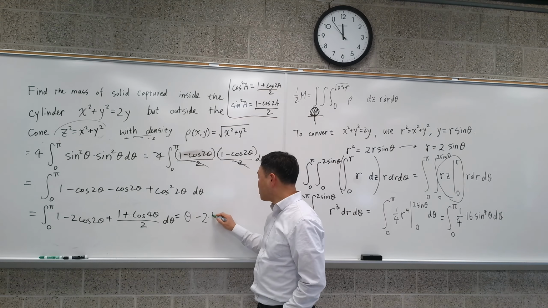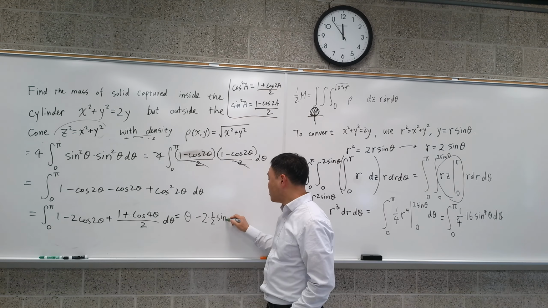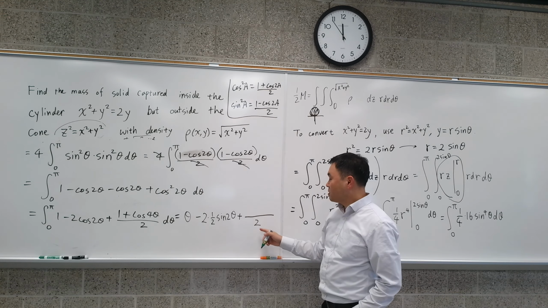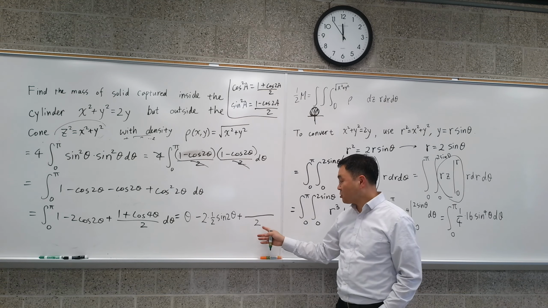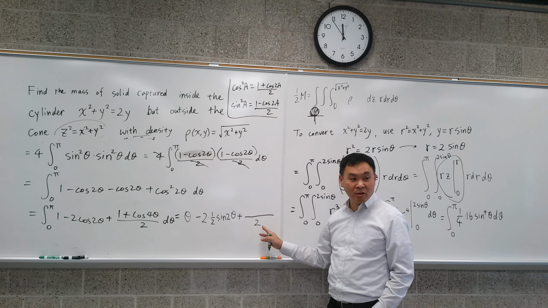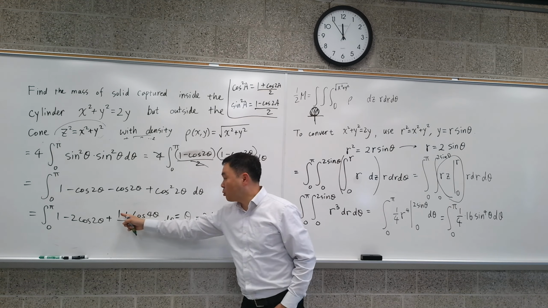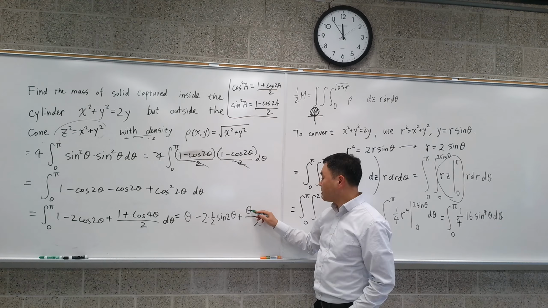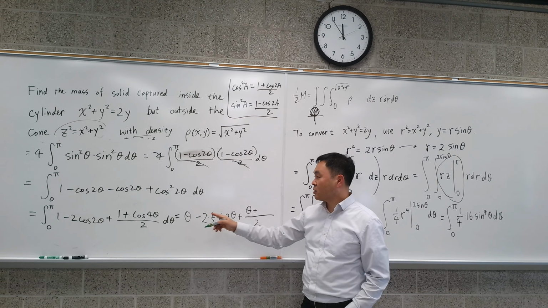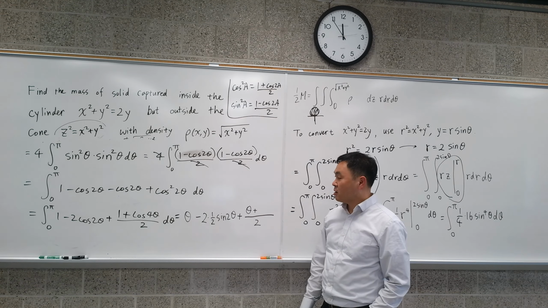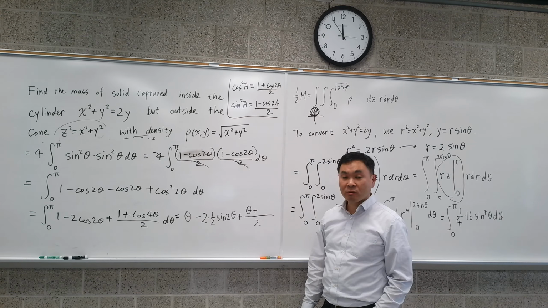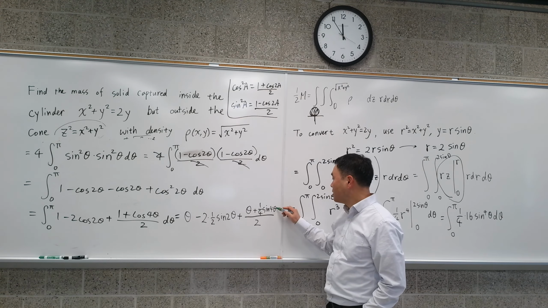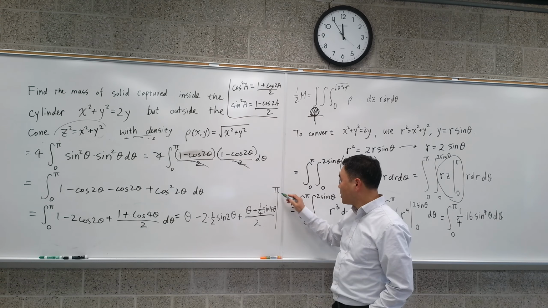So it'll be 2 times 1/2 sine 2 theta plus, this 2 is just a constant multiple, so you don't have to do anything about this 2. We just have to integrate 1 and cosine 4 theta, right? So again, 1 integrates to theta, and cosine 4 theta integrates to 1/4 sine 4 theta, right? And to this, you have to plug in pi and 0.